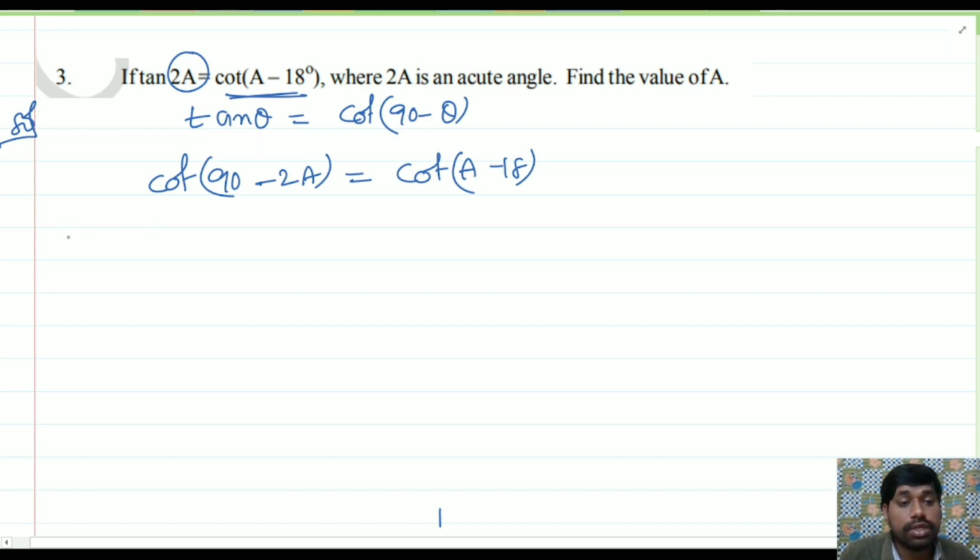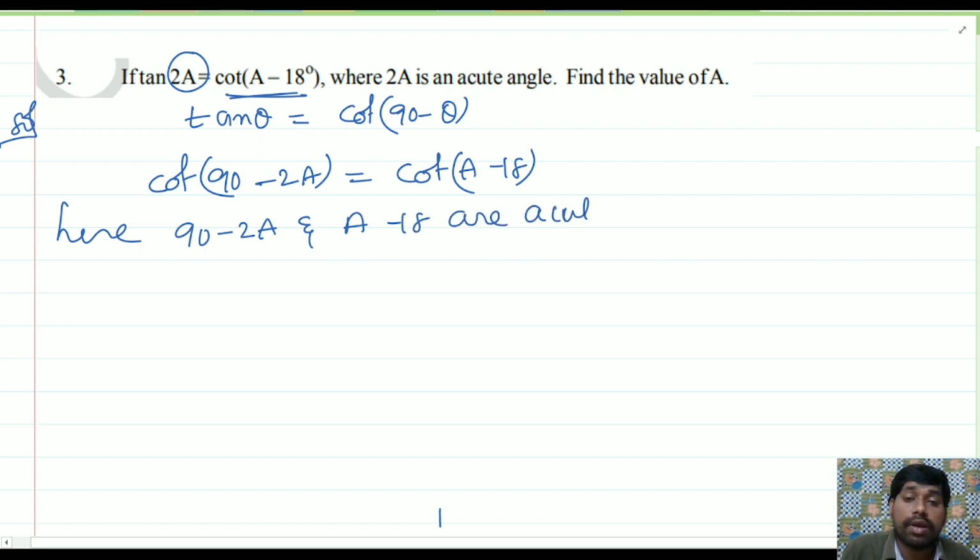So here 90 minus 2a and a minus 18 are acute angles, so 90 minus 2a is equal to a minus 18.